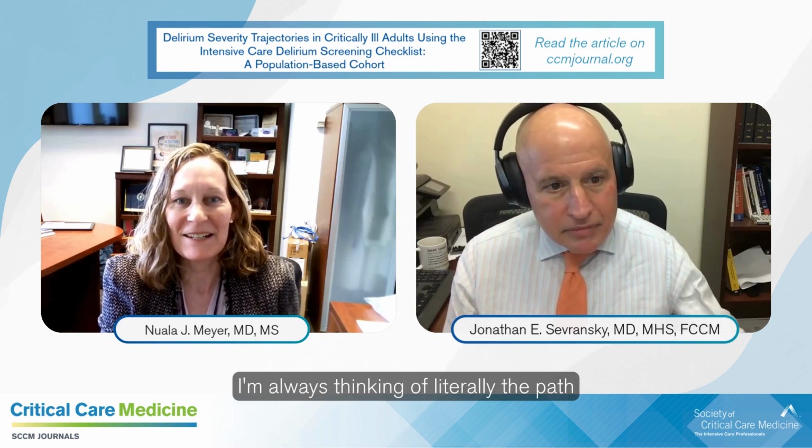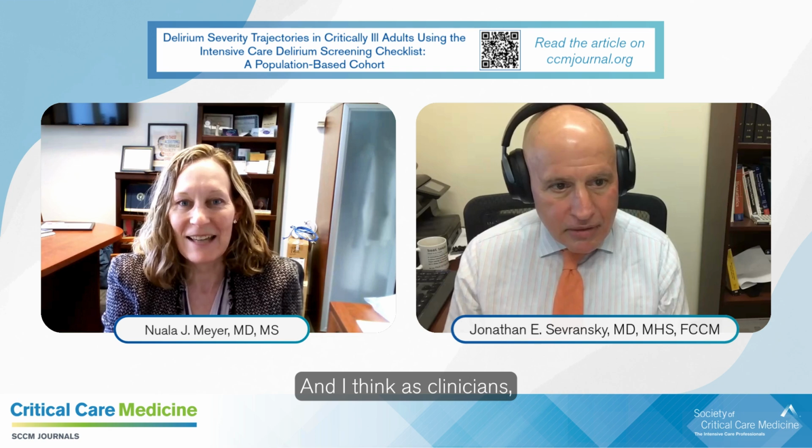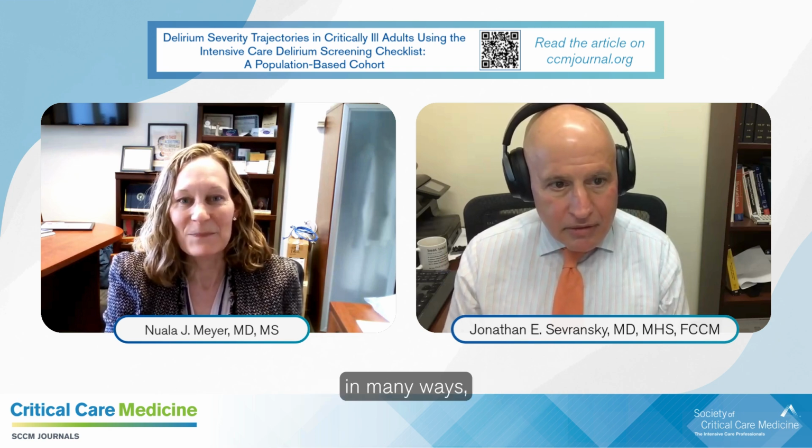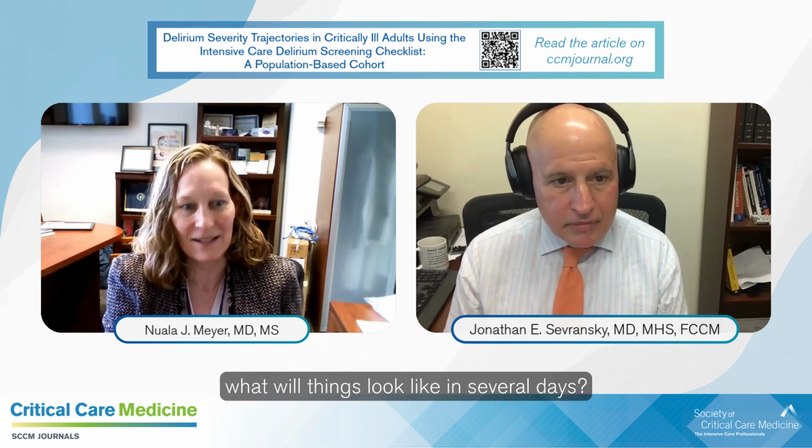When I think of clinical trajectory, I'm always thinking of literally the path the patient might be taking, the path of their illness. As clinicians, in many ways, this is the most important question we have for ourselves and for our patients. Patients are asking us what will things look like in several days?